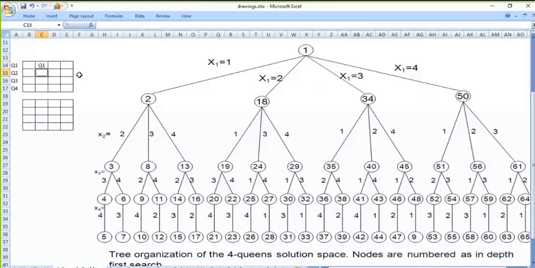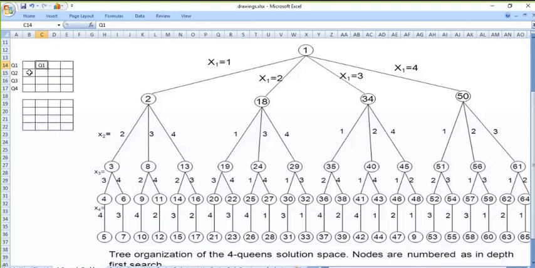From 1 to 18 I will be drawing one particular edge, and x1 equal to 2 I will be denoting. x1 means it is for Q1, that is row 1, equal to 2. 2 means the column number, second column. So I can position it over here.